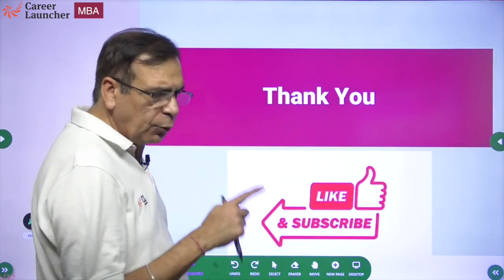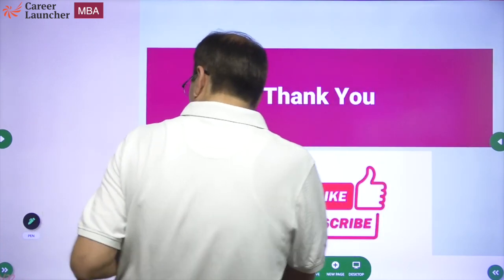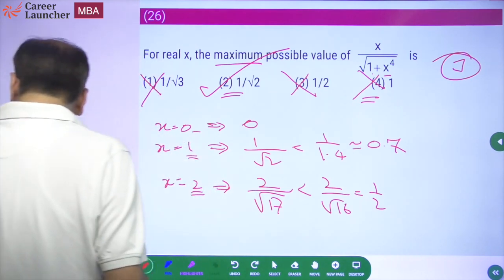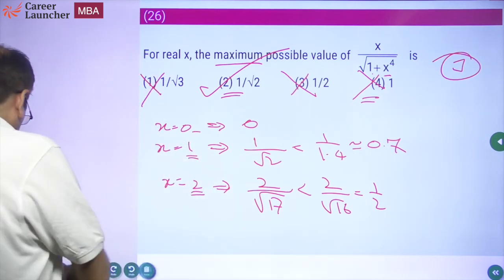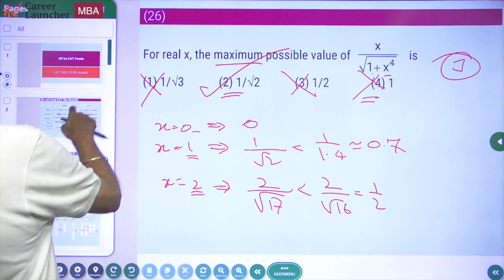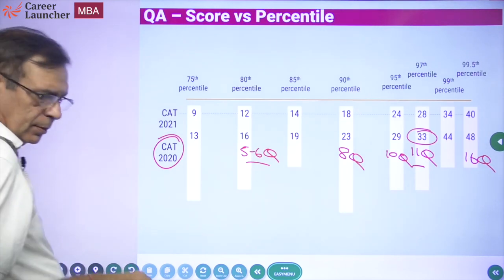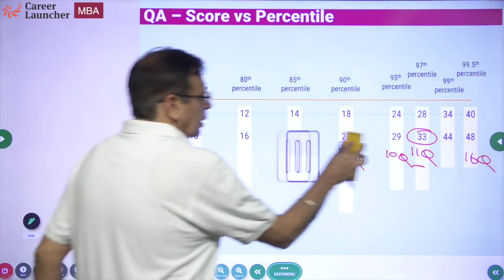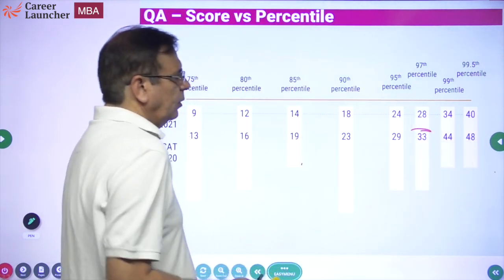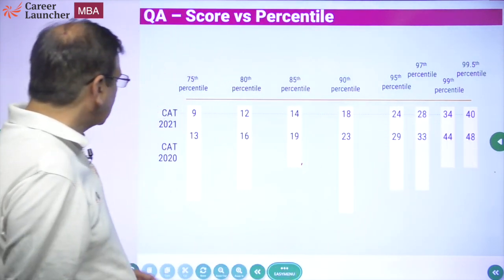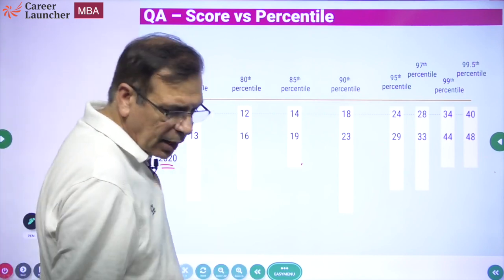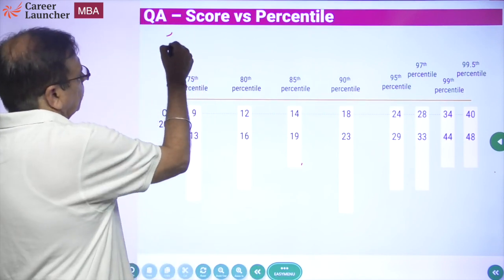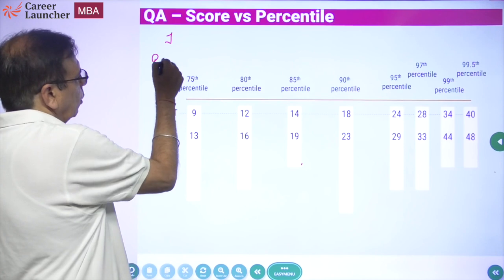Okay. Now, before I close the session, let's go back, I think that was important. Let me just pick up those. Yes, I want to go to this one. Okay. Now, please look at what we have done out here, and we are looking at CAT 2020. What are the questions we have done? I'll first put the jugaad ones here and the rest out here.